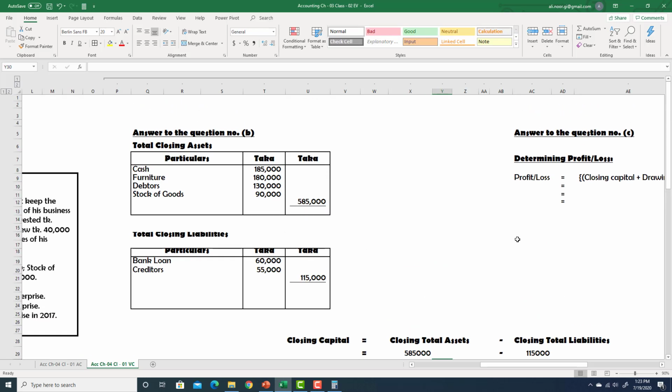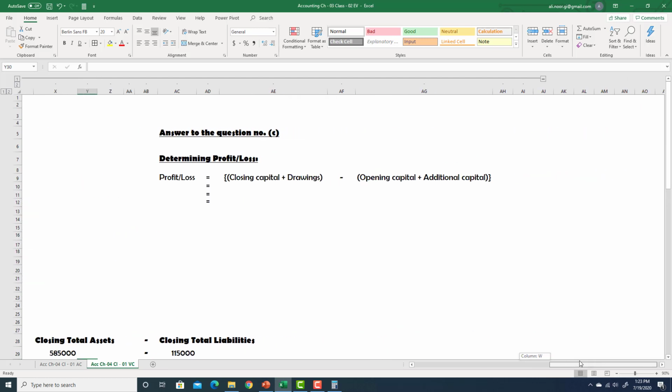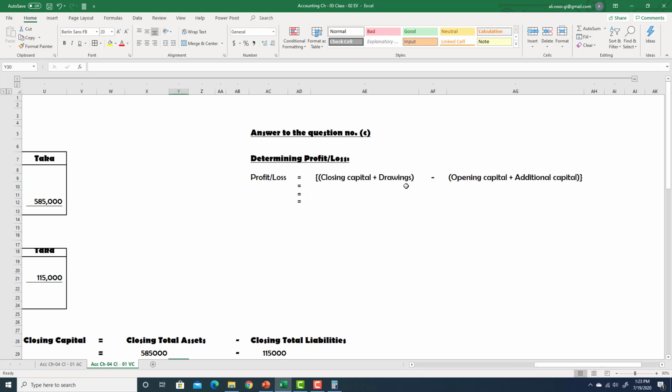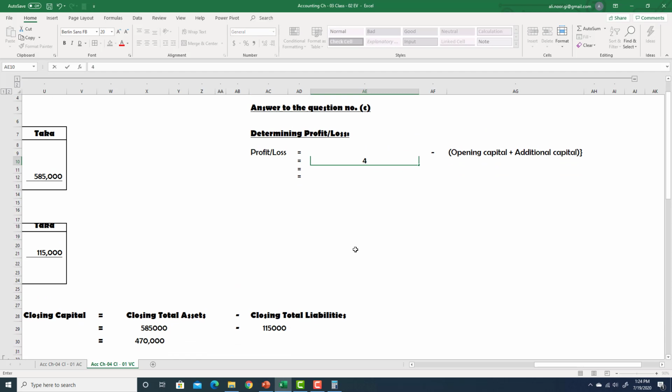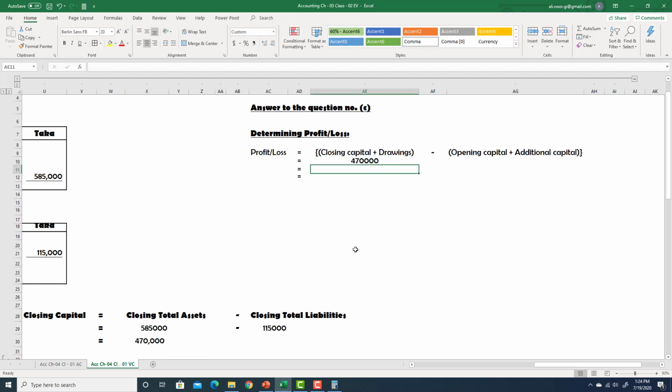Now we need to solve requirement C. Here is the formula you learned earlier in my video. Closing capital and drawings we need to sum up, and we will subtract the sum of opening capital and additional capital. Closing capital we know is 4,70,000, plus drawings.